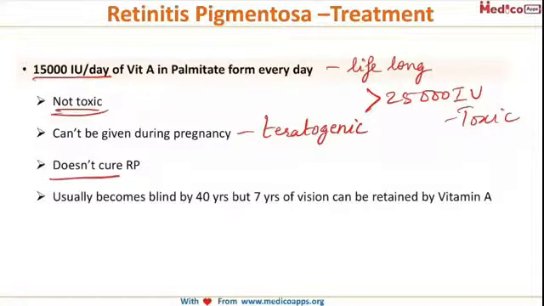However, it delays the RP by about 7 years. 7 years may sound less, but it is of a very long duration for a patient with retinitis pigmentosa. So, it delays the disease by 7 years. Usually, the patient becomes blind by 40, but you can delay it by 7 years if you supplement the patient with vitamin A. Kindly do it and kindly remember this.